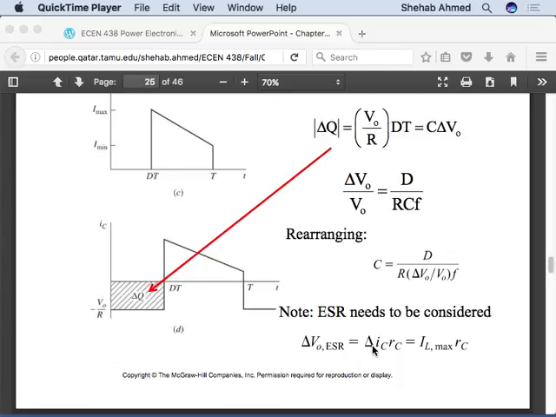Will the calculated minimum capacitance be correct enough given the assumption that you assume the capacitance is very big? Initially, I assumed it's big. Why? To draw the waveforms, right? But now I go back, specify a ripple spec, and then calculate capacitance again.